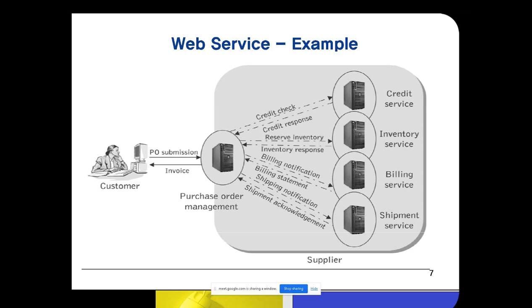So the purchase order management system makes use of different web services for its operations. The customer may not know what is happening within this purchase order management system. It takes care of all the web services interacting with each other to accomplish the purchase order submission, and at last it produces the invoice bill to the customer as the output. So this example clearly demonstrates how web services interact with each other to accomplish a common task.